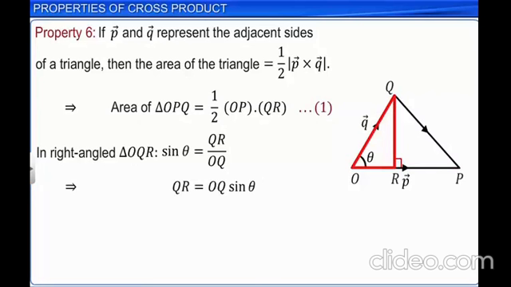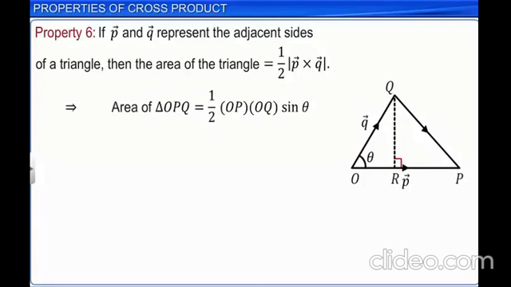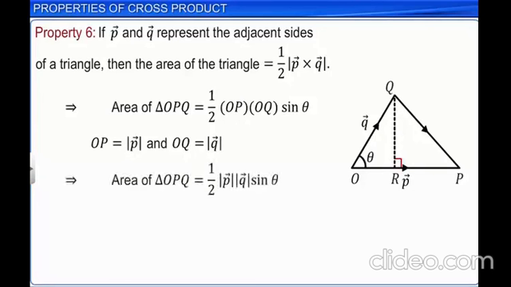Let us substitute this value of QR in equation 1. Now, OP is equal to magnitude of vector p and OQ is equal to the magnitude of vector q. This implies that the area of triangle OPQ is equal to half of the product of the magnitudes of vectors p and q and sine theta.